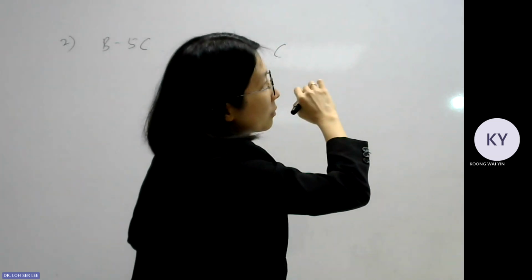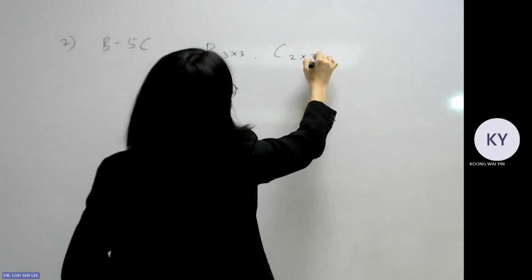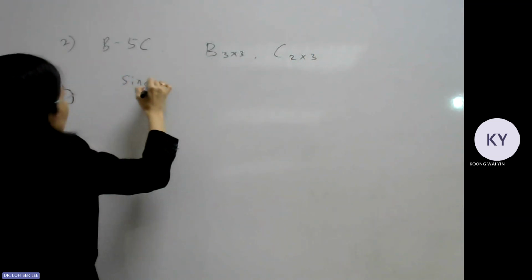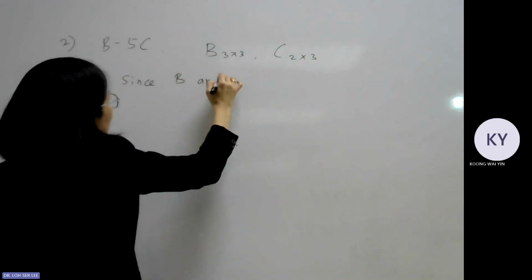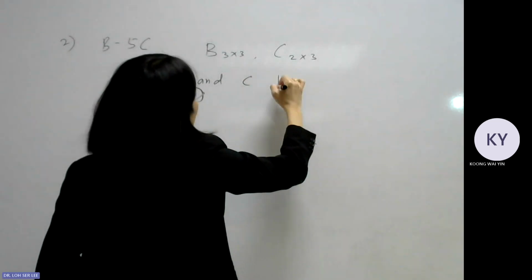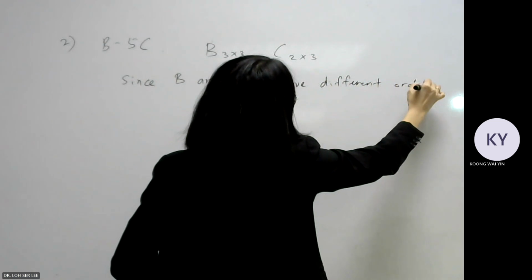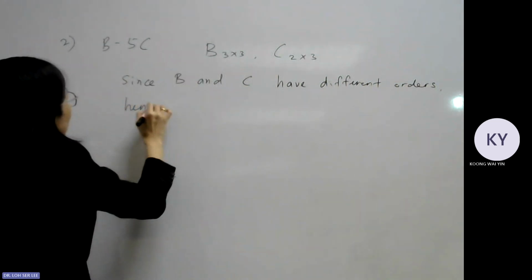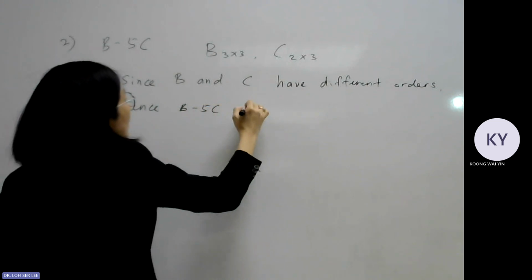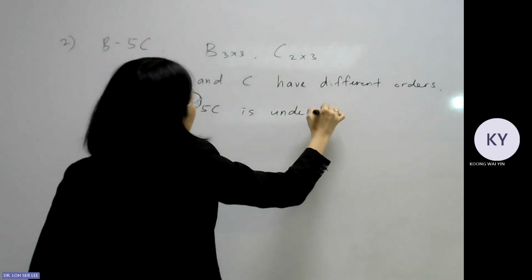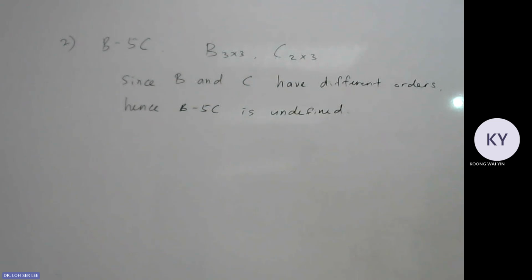C has an order of 2 by 3. Since B and C have different orders, B minus 5C is undefined. I can't solve this because they are from different orders.